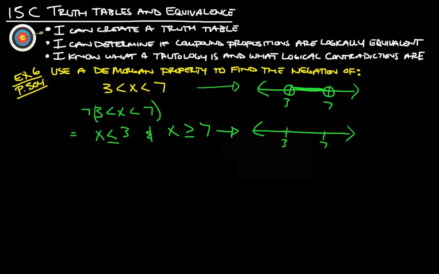Since this one was not filled in, these will be filled in. And since this is pointing together, these are going to point away from each other, right? And that should be the same: x is less than or equal to 3 or greater than or equal to 7. So that would be the negation, and there's the number line equivalency to that.